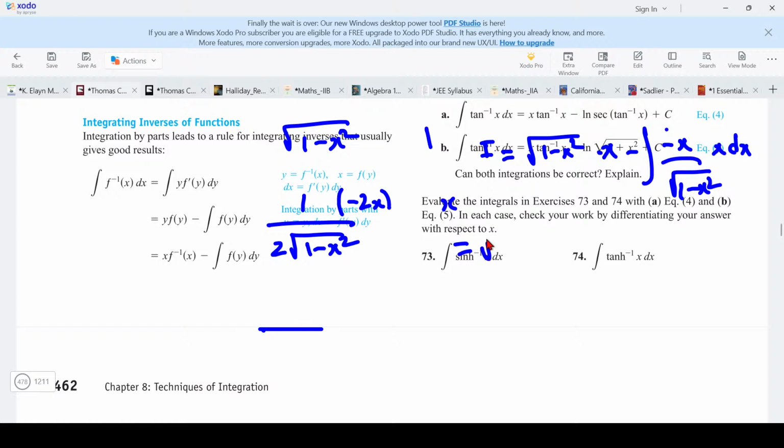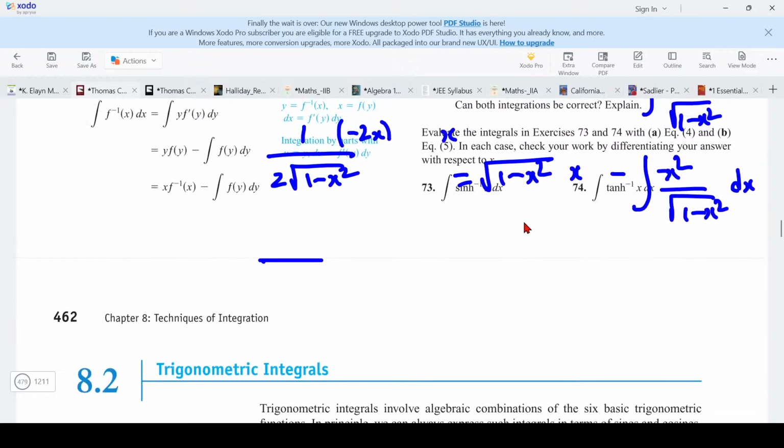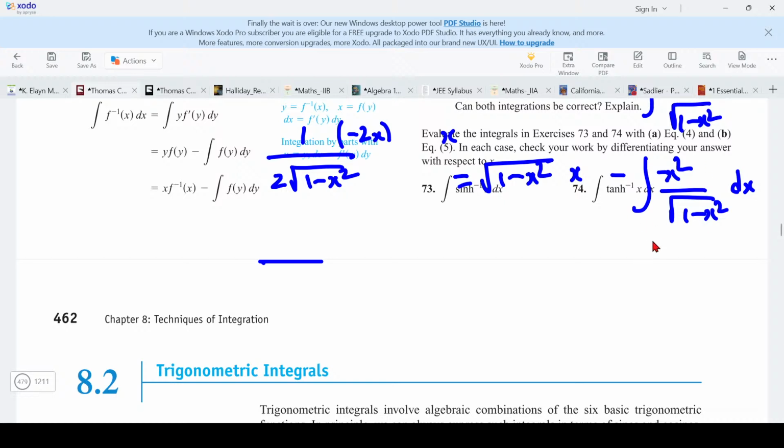This is nothing but the integral of 1 minus x square into x, plus the integral of x square by root 1 minus x square dx. Or let's keep this minus like this only.